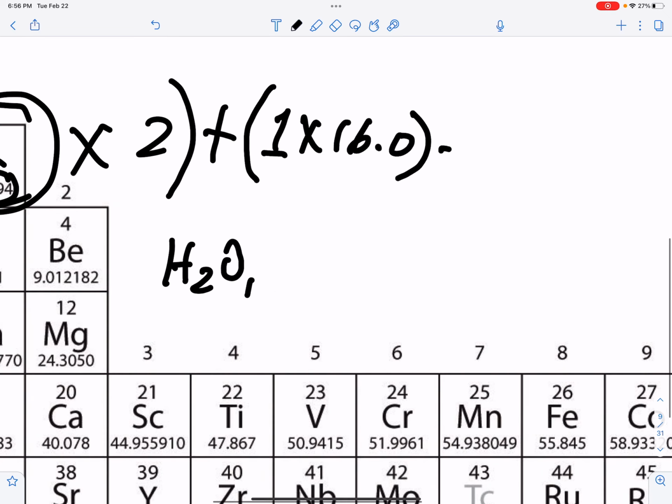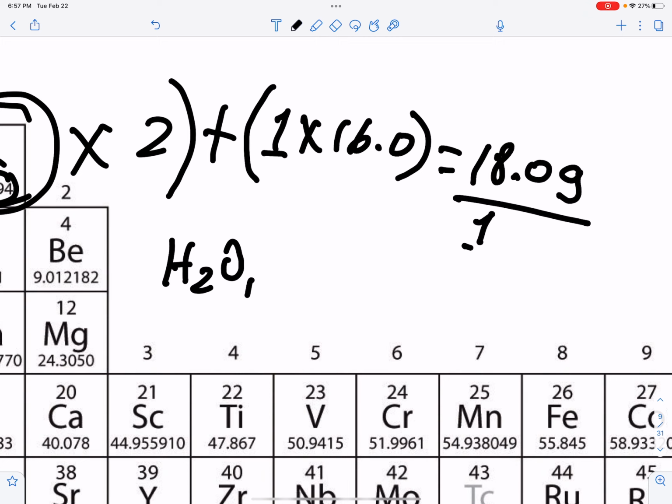And that's going to give you 18.0. And the units are, remember what I told you? Whenever you do that on the periodic table, that was at the end of chapter 5, the units are going to be grams per mole or grams over every 1 mole. So that's how we're going to relate the mole to the mass, by using the periodic table.